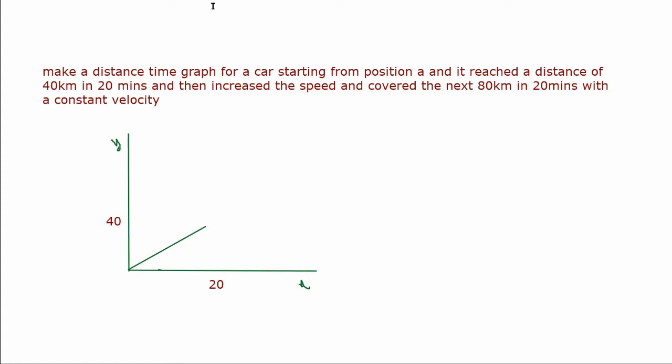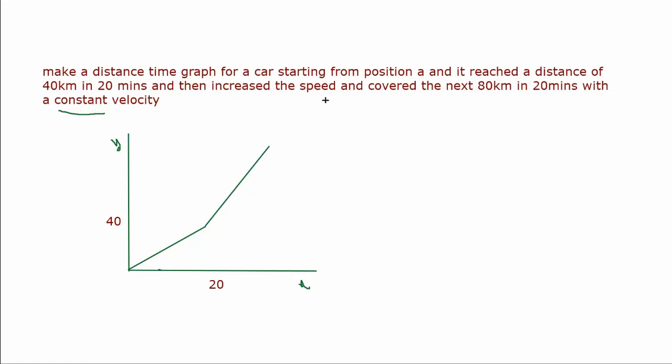The important thing about the next phase is that it moves again with a constant velocity. Yesterday I told you about increasing and decreasing velocity, but the graph for a constant velocity is linear. So it would cover more distance in the next 20 minutes.